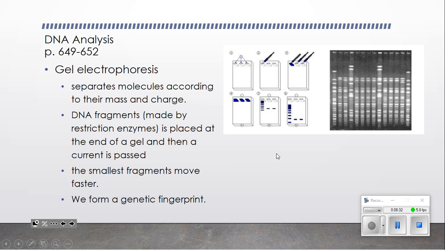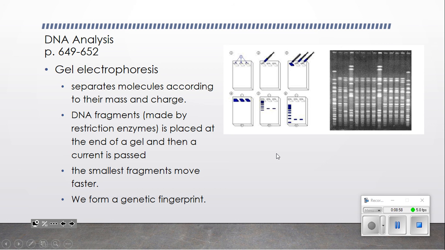So we take those fragments, we place them at one end of the gel, and then I don't know if you can see, it's tiny, there's like pluses and minuses here. That's to indicate that we're running an electrical current. So we would have to plug it into some power, turn on the current, and when the current passes through the gel, it attracts DNA fragments to move to the other side of the gel.